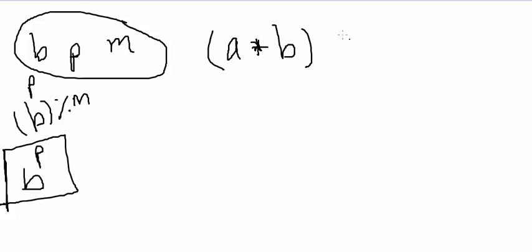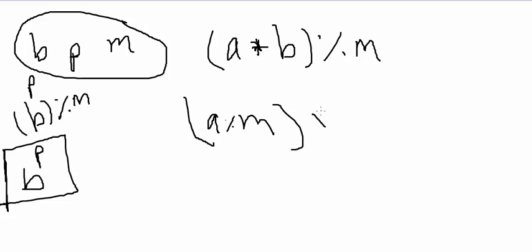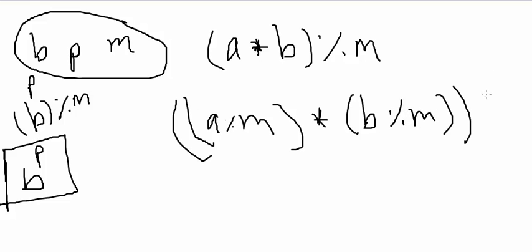A into B mod M is equivalent to (A mod M into B mod M) whole mod M. That means if we want to find the value of the multiplication of A into B mod M, we can get the same value by first modding A and B individually by M, then multiplying them, and after that modding the multiplication result by M again.